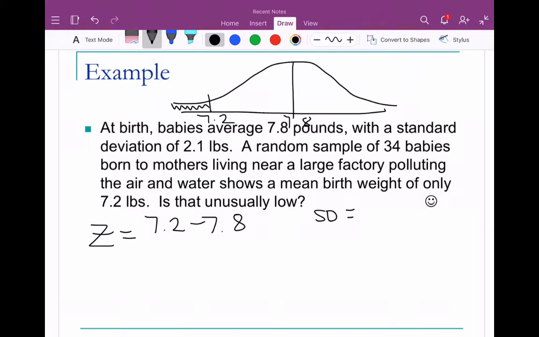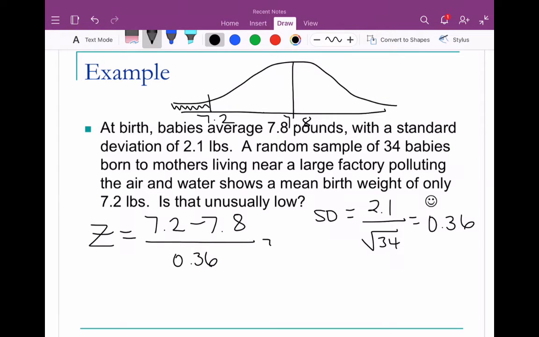So our standard deviation is going to be the standard deviation of 2.1 divided by the square root of 34, which is equal to 0.36. So we divide this by 0.36, and we get a z-score of negative 1.67.